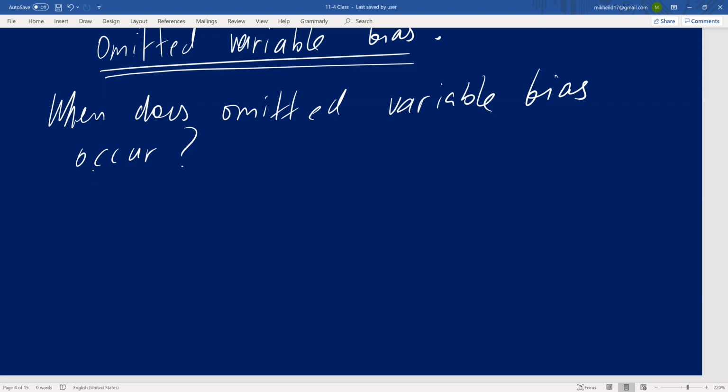Can be because we don't have data, can be because we don't really know that those variables affect our dependent variables. So this means that there is always a possibility that we have an omitted variable that is excluded from our model.